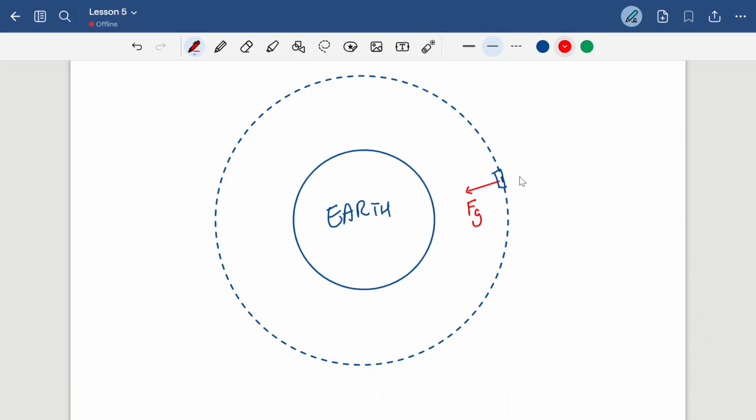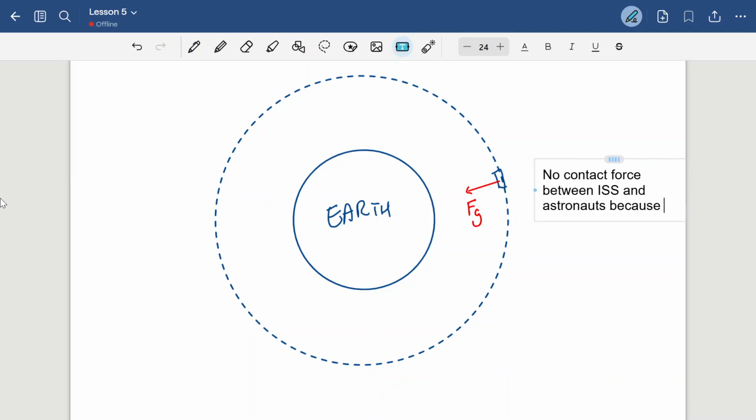So there will be no normal force, no contact force between the astronaut and the ISS. That's why they are floating around, because both are in free fall. They are free falling towards Earth, and at the same time, they are moving sideways.